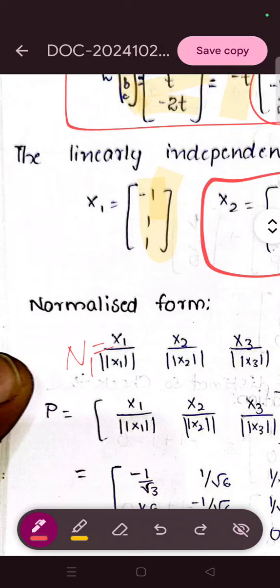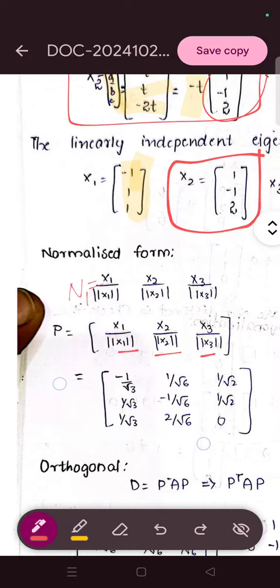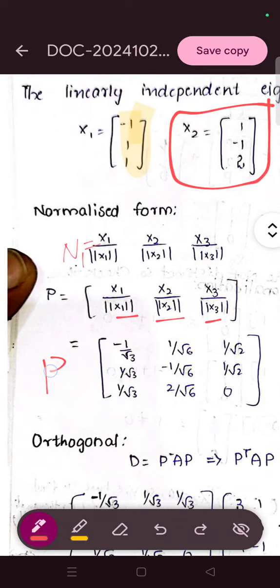So each element in the eigenvector is divided by the length of the eigenvector, right? So this is normalized vector n1, this is n2, and this is n3. So simply we get the modal matrix P, which is formed by the normalized eigenvectors.